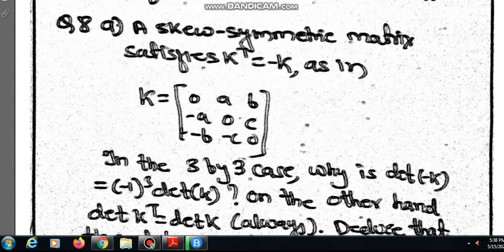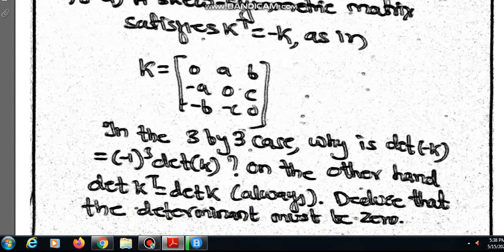So in the 3 cross 3 case, why is the determinant of minus K equal to minus 1 raised to 3 times the determinant of K? On the other hand, the determinant of K transpose equals the determinant of K, which you always know from the properties of a determinant.